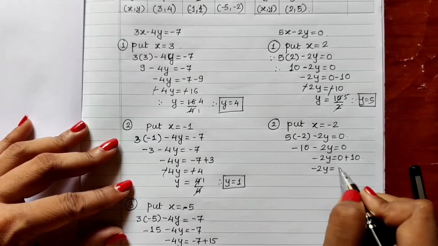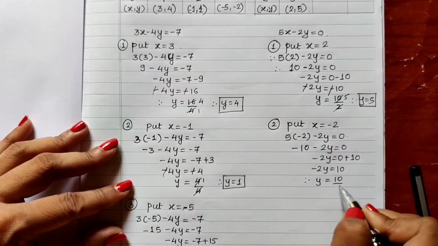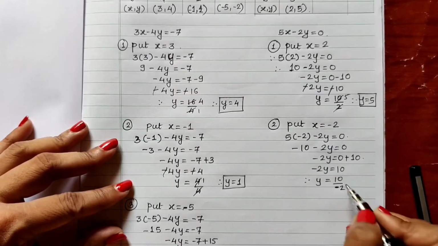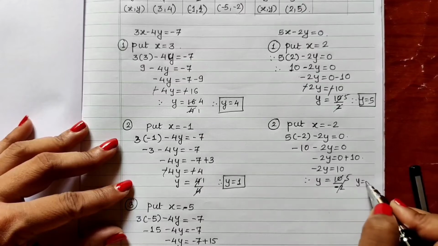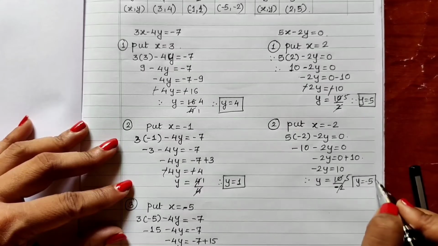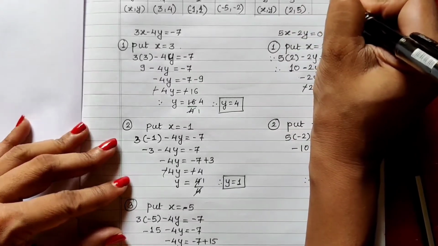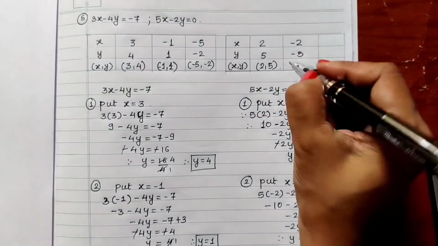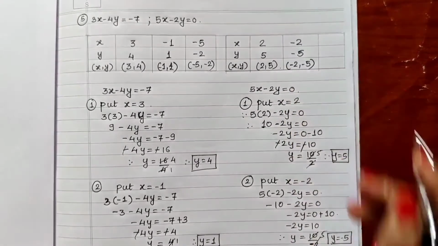Minus 2y is equal to plus 10. That means y is equal to 10 upon minus 2. Okay, minus 2 total I will transfer here. 2 5s are 10. So y is equal to minus 5. So here minus 2 and minus 5. So minus 2, minus 5 are the coordinates.